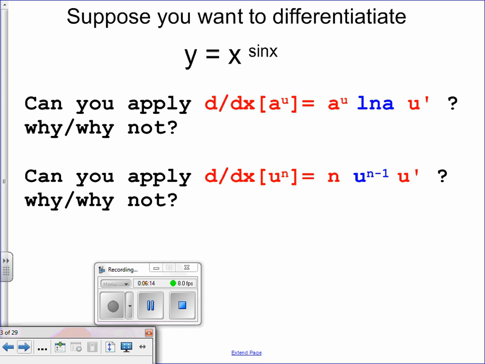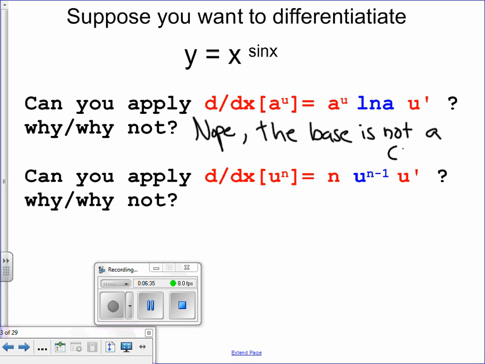Can we apply the a to the u rule to find the derivative? The base is not a constant. So the answer is nope. I got you to feel a little good about yourself, and then.